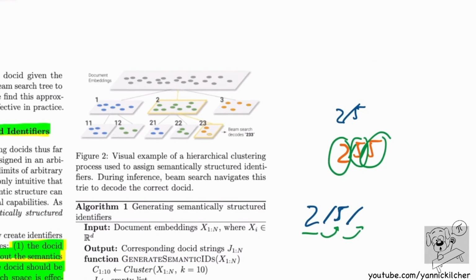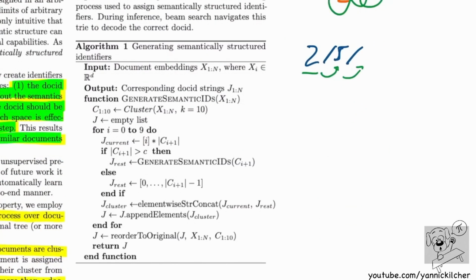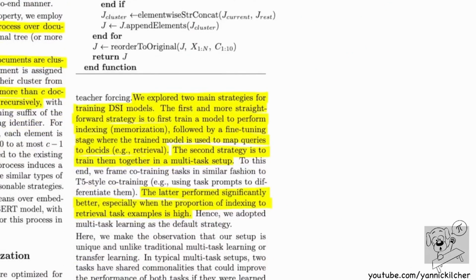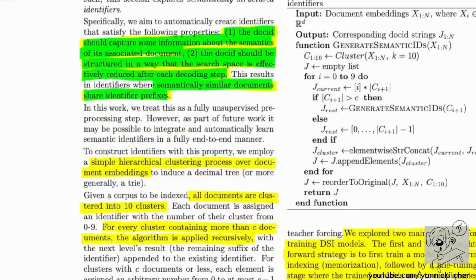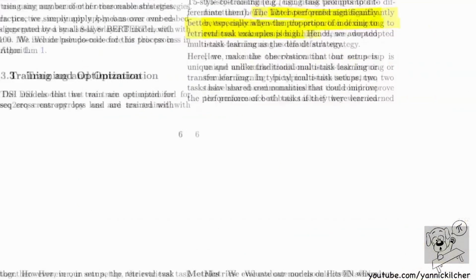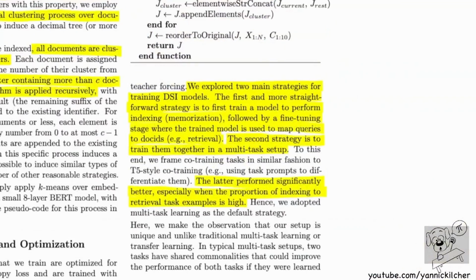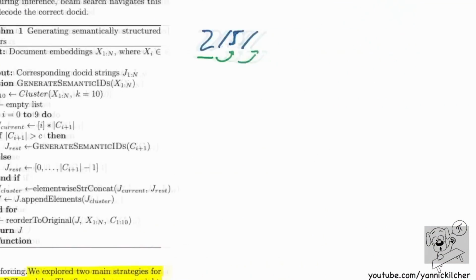They do a hierarchical clustering approach, which means that they take another model. I think it's a BERT model. I'm not sure where they mention it, but they take a BERT model.